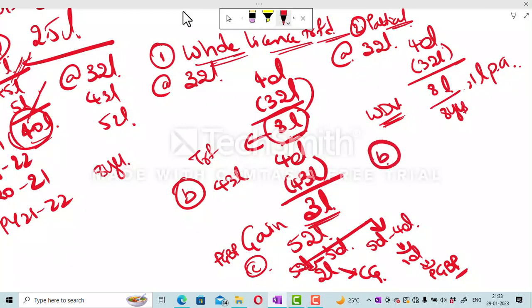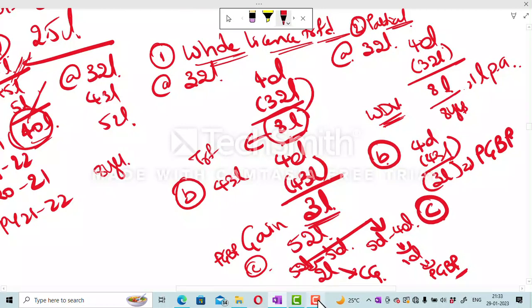And the second case, 43 lakhs minus 40 lakhs, 3 lakhs. See here, the asset balance is nil. Okay, we have sold for more than WDV. Then, same, we have to take it as PGBP gain. The third one is also the same.